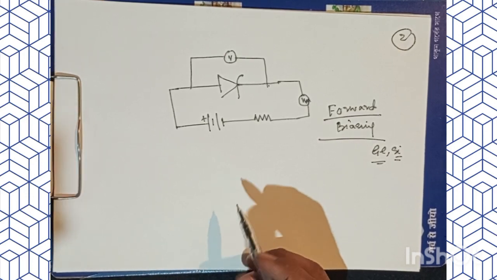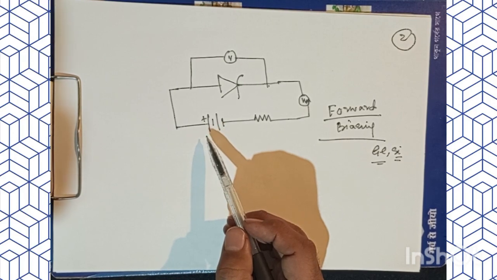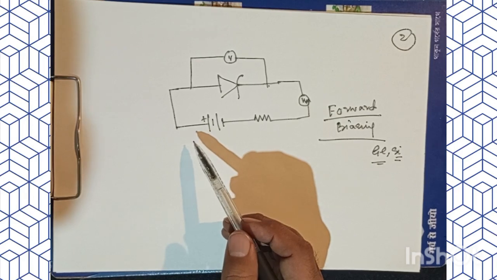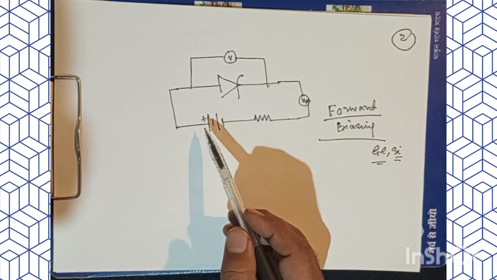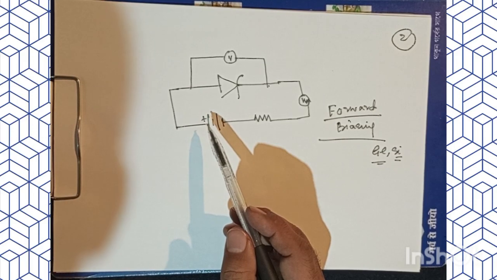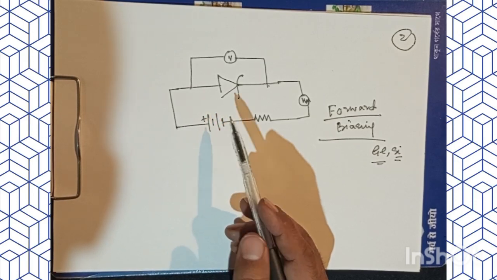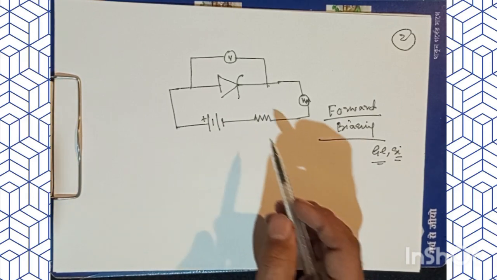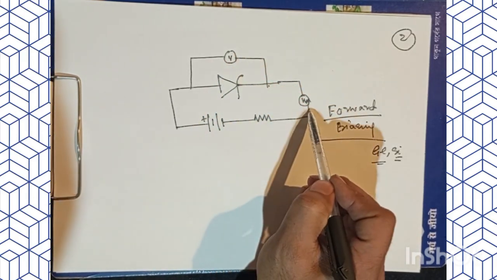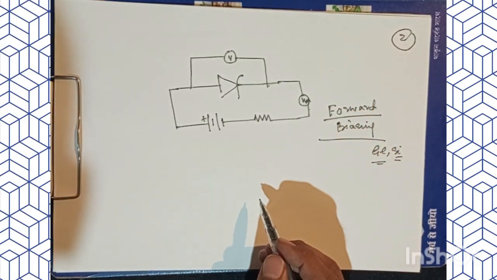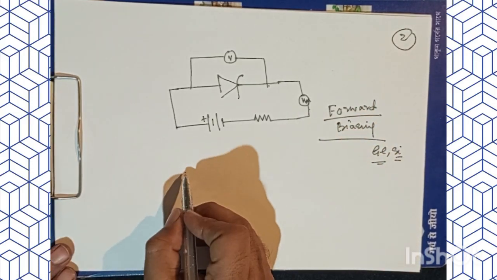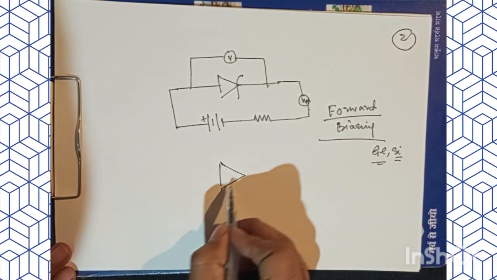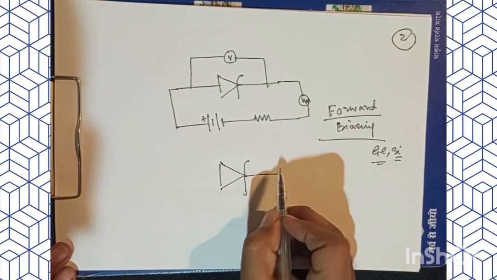Talking about its VI characteristics, we can understand that the VI characteristics of this zener diode can be characterized by simply plotting the output that we receive in terms of voltage and current, and then we will have the reverse biased zener diode.